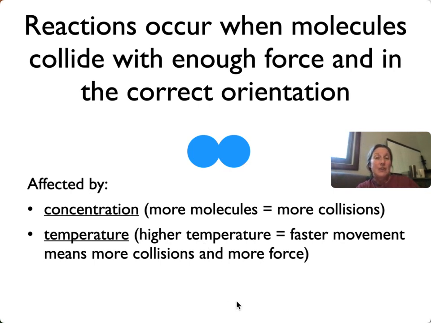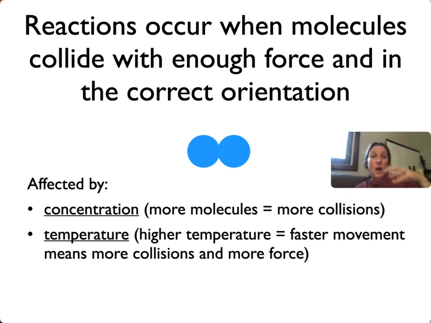The next thing that affects the rate of chemical reactions is temperature. This is because every atom, every molecule has a vibration. So if I'm a water molecule and my head is the oxygen and my hands are the hydrogen, there's going to be a vibration like this, all right, as I move around in the space.